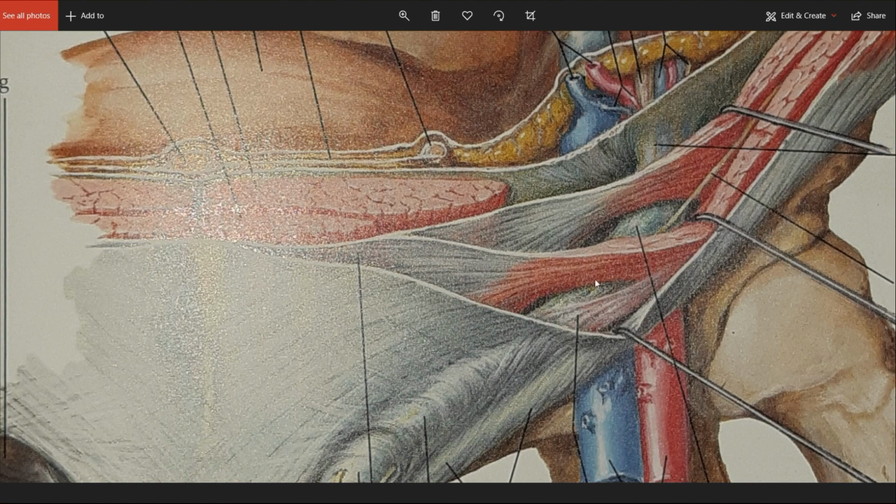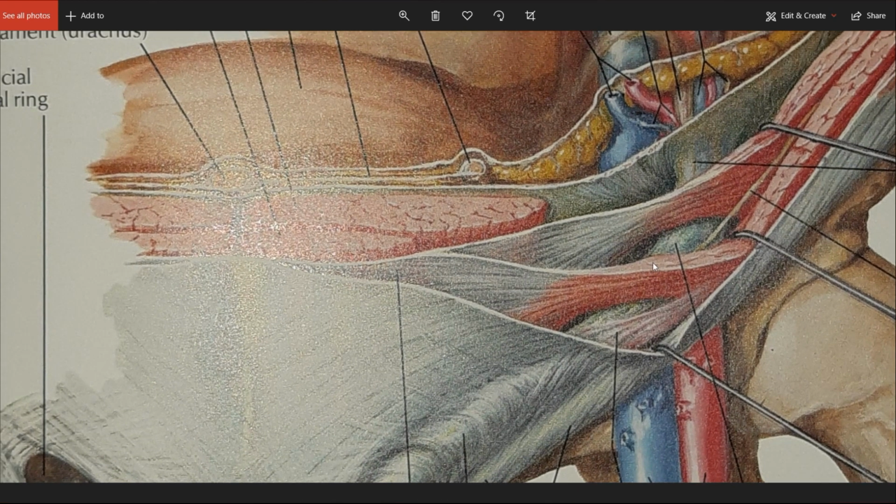Can you visualize why? This is the inguinal canal. Anteriorly, this is the internal oblique only in the lateral 1/3. Whereas this side is the posterior side of the inguinal canal, because the inguinal canal is oblique. So this is the anterior side, this is the posterior side, right?